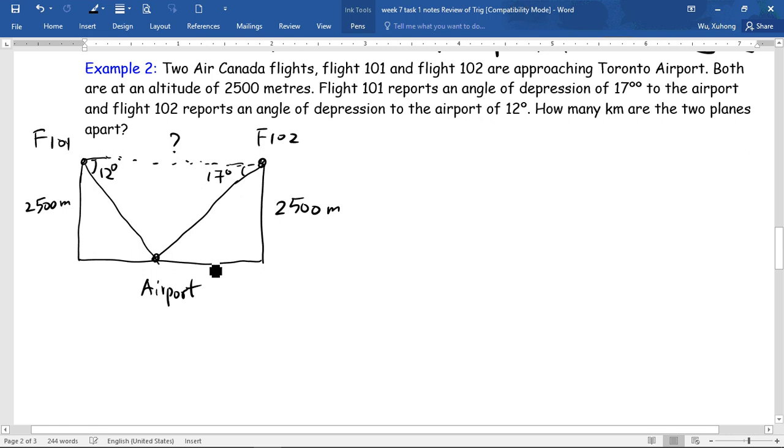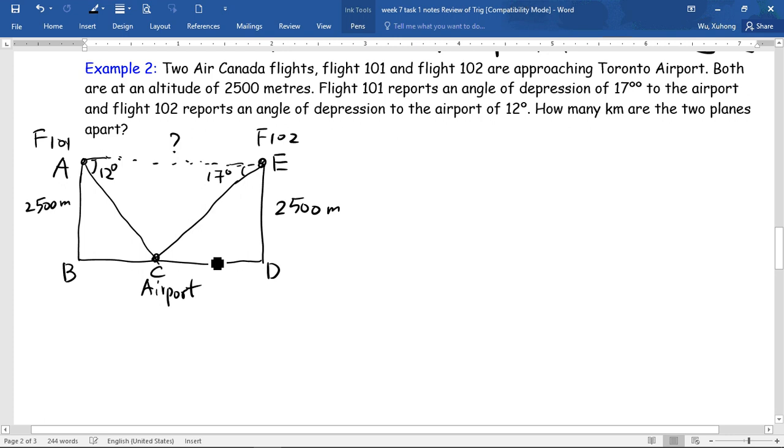And we are going to label. We are going to try to use either of the triangles. To label it, we are going to label A, B, C, D, E. Then we want to find this one. We have 1, 2, 3 triangles here.